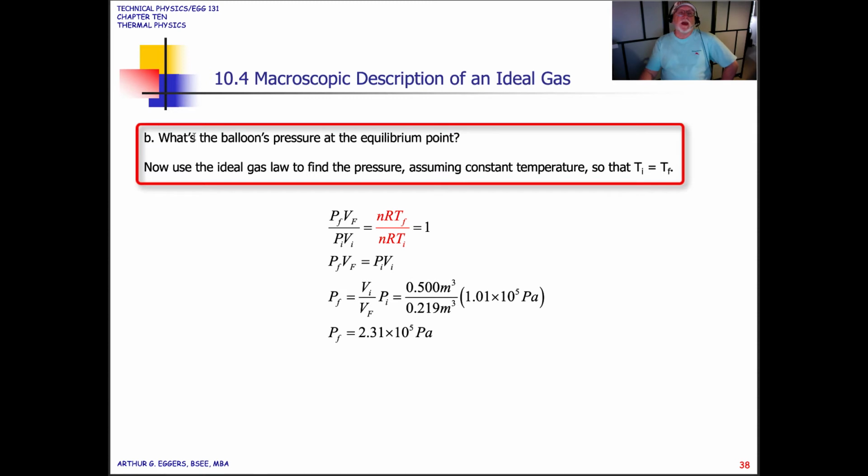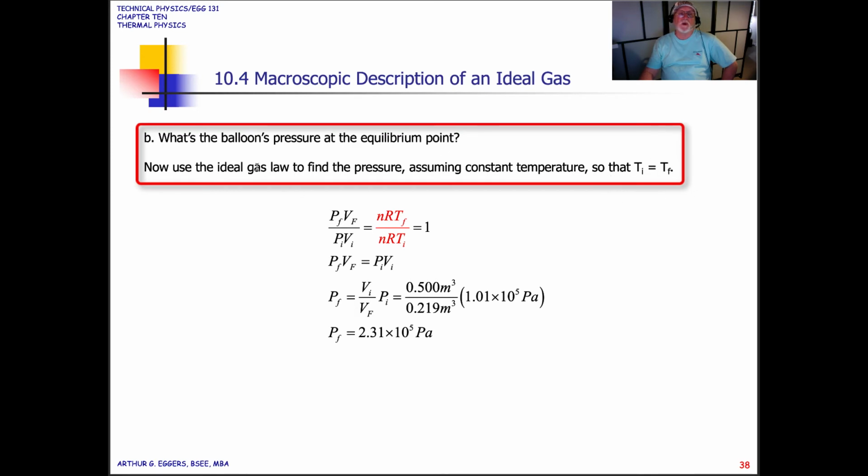The next part of the problem asks, what's the balloon's pressure at the equilibrium point? This is the point where the diver has pulled the balloon and the weight down to where it doesn't try to go up anymore because the air has been compressed. Use the ideal gas law to find that pressure, assuming constant temperature, so that T initial equals T final.